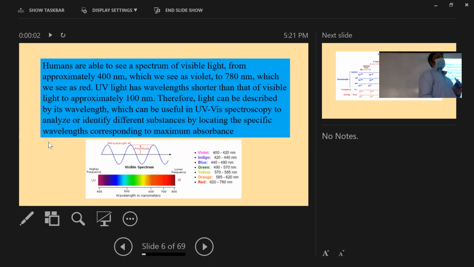So, if you have a light, and the wavelength of the light is single, just one, then we can consider it as monochromatic light.